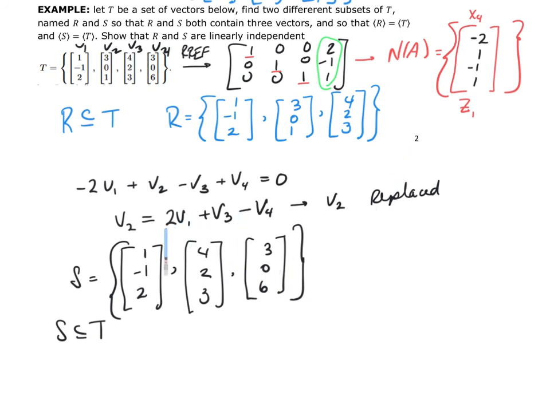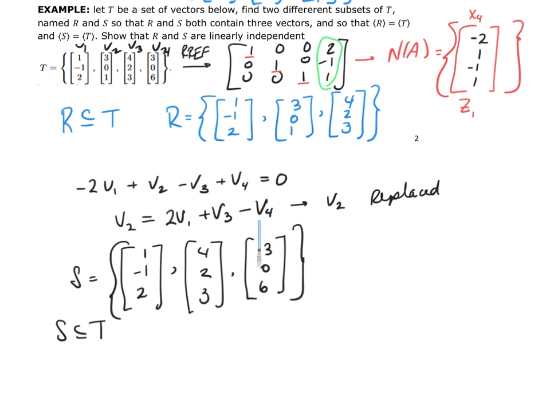I chose it randomly, but I do know that if I put this into reduced row echelon form, it will become the identity matrix. Because of my linear combination, I could have chosen to replace the first vector or the third vector. These other ones I could have chosen to replace, being a linear combination.